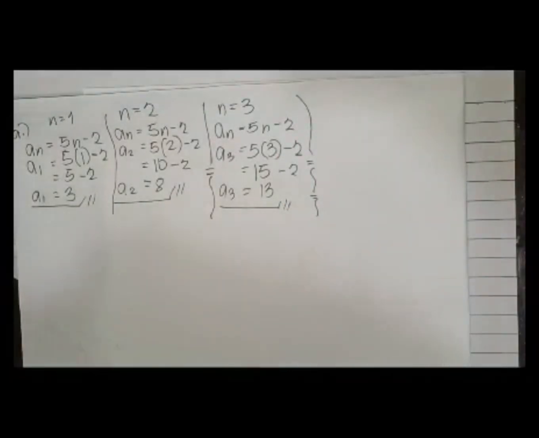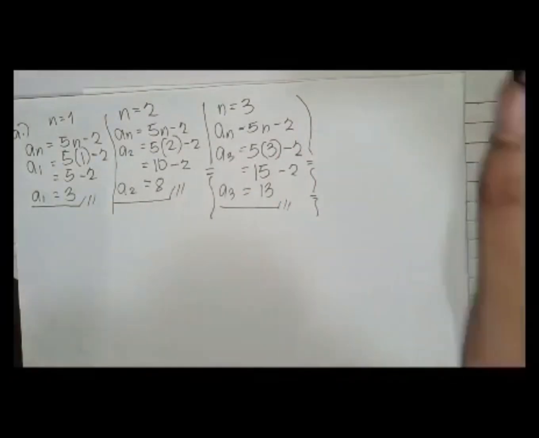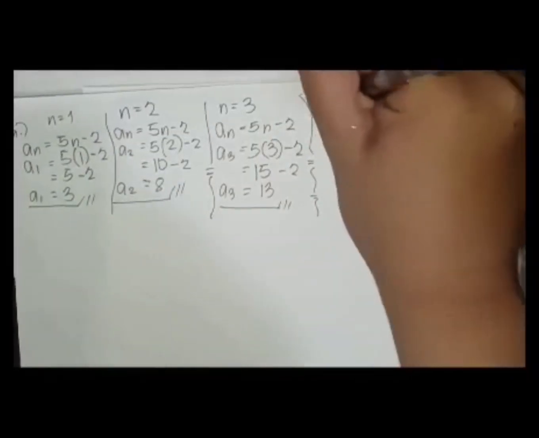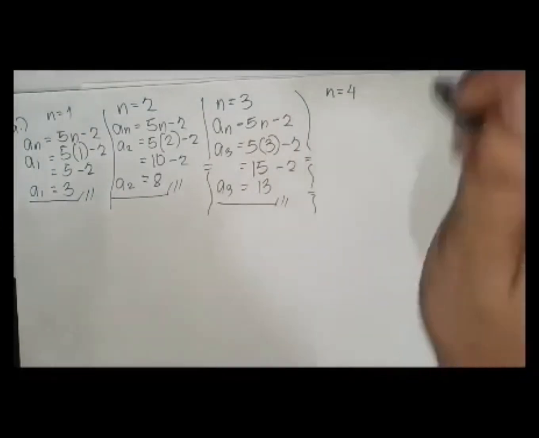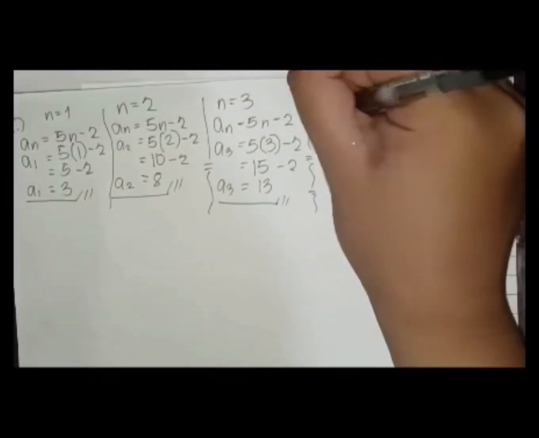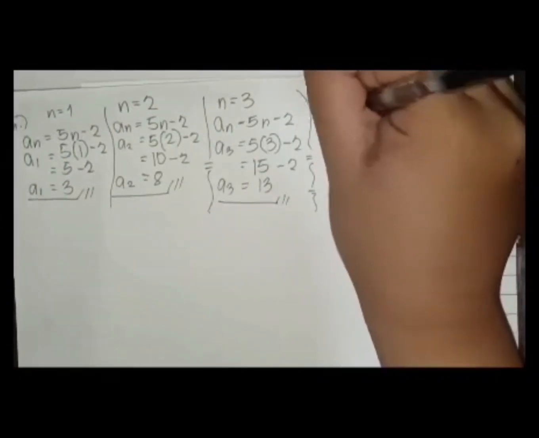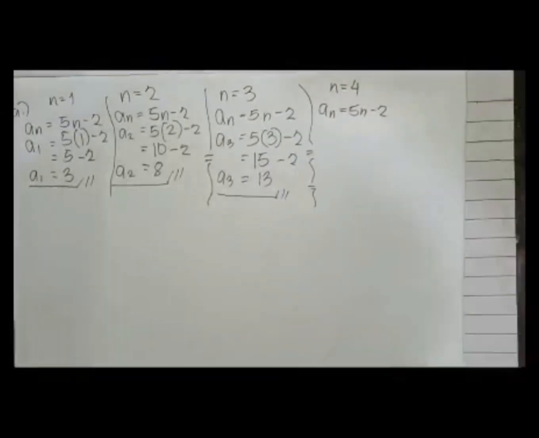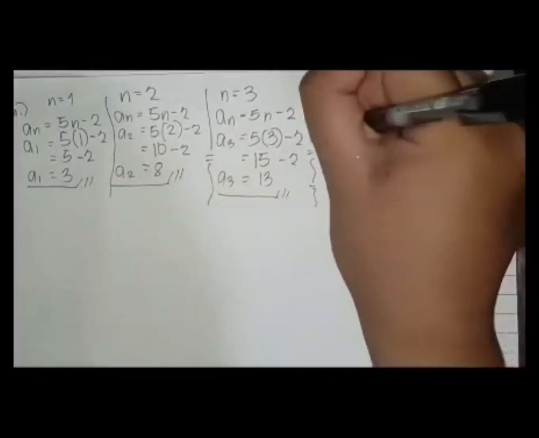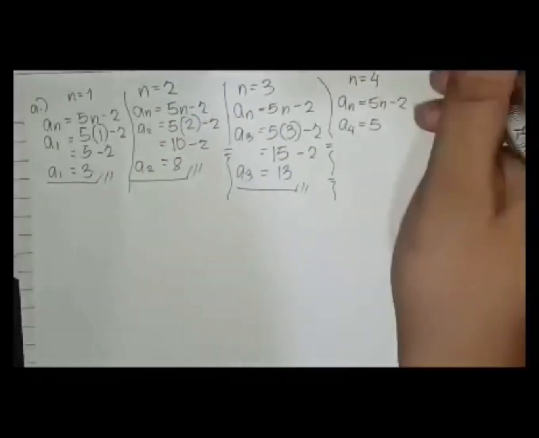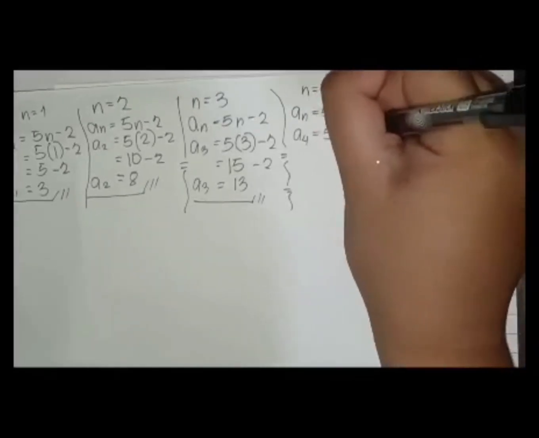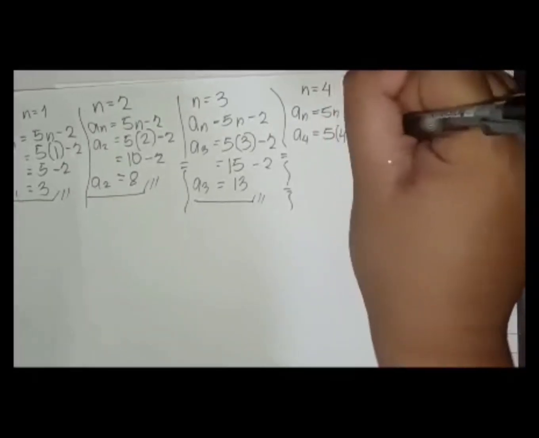And to find the fourth term, let us substitute the value of our n, which is 4, into the formula. So, a sub n is equal to 5n minus 2. So a sub 4 is equal to 5 times the value of n, which is 4, minus 2.